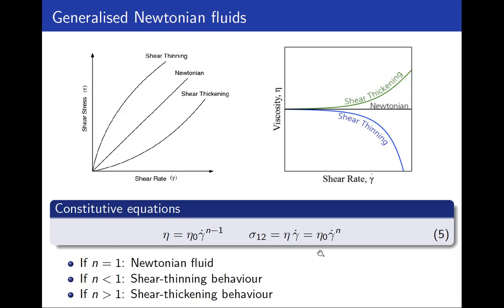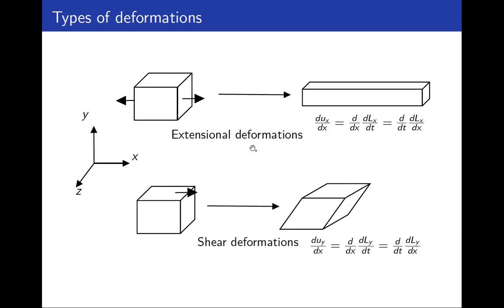You can use this equation to plot this behavior. You can assign a constant value of n, and then you can use different values of shear rate, and then you can calculate the shear stress, and you can obtain this kind of curves, and you will see that you will obtain the same behavior that I am reporting here.